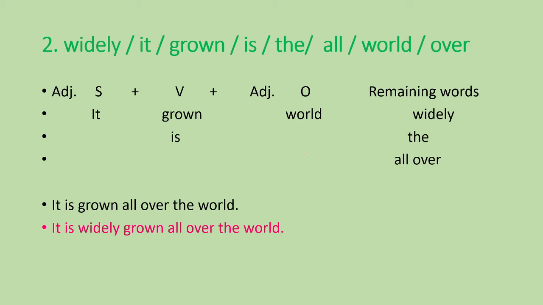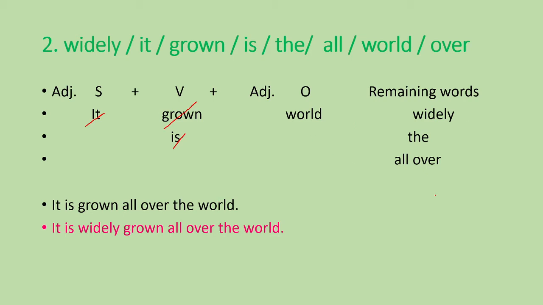World, it can be object, it is a noun, so let's write it below O. Then over, again you can write under the remaining words. So let's try to make it. Since there is only one subject, the sentence will start from here only. It is grown. It is clearly visible. Write it is grown and keep on eliminating these, which we have already used. So it is grown. Then there is world.